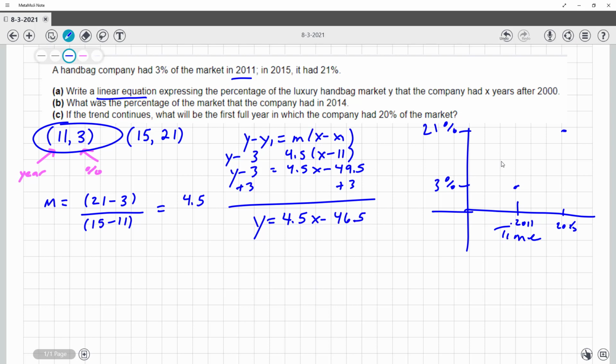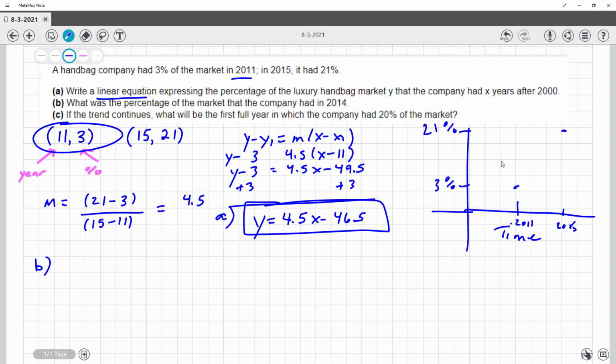Okay, so maybe that doesn't convince you so much that, big deal, we made an equation. The big deals are parts B and C. I have an equation now that I can actually use. So that's part A. In part B, what was the percentage of the market that the company had in 2014? Well, think about it.